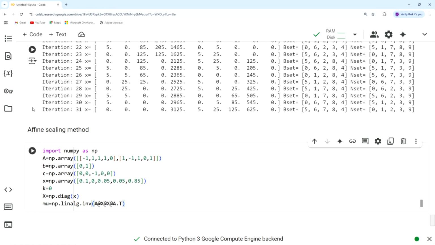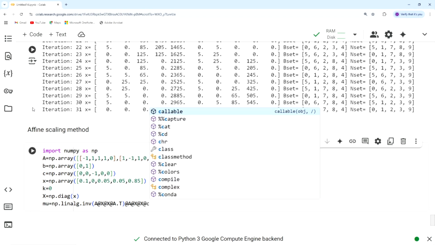Note that we cannot use asterisks because that does element-wise multiplication; @ is the matrix multiplication, okay. With this you have to multiply A X squared C, right. So, this is mu, okay.